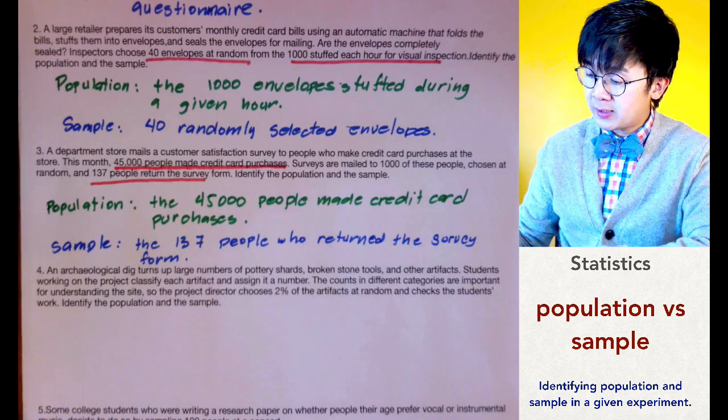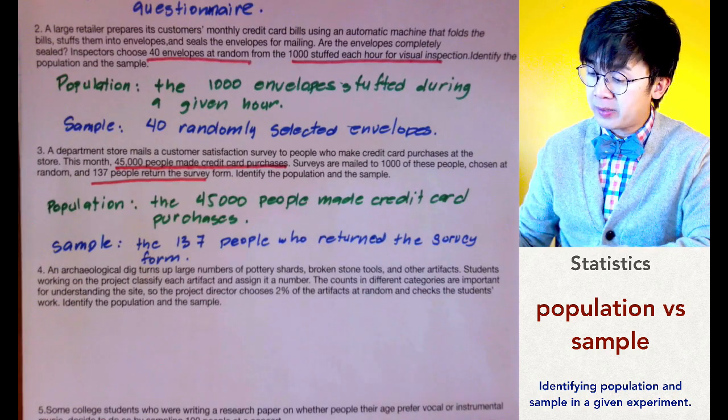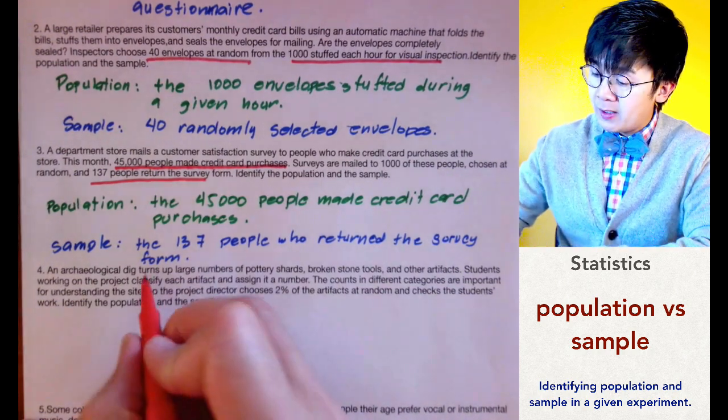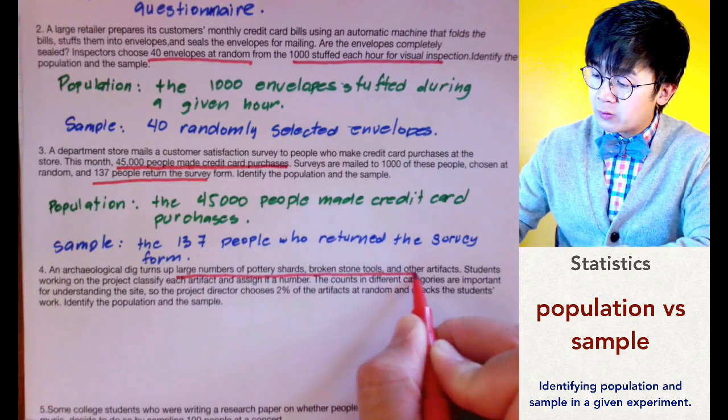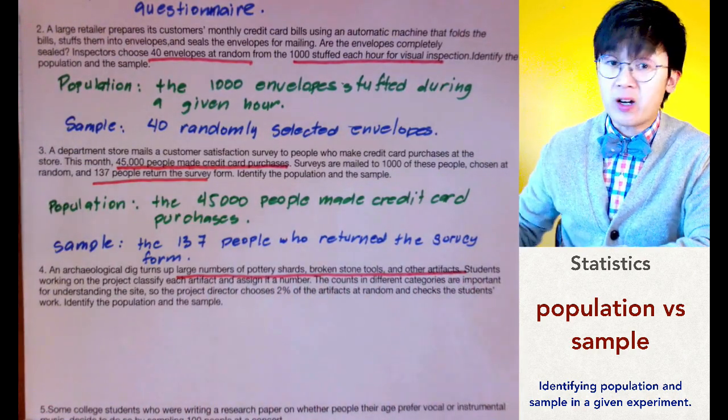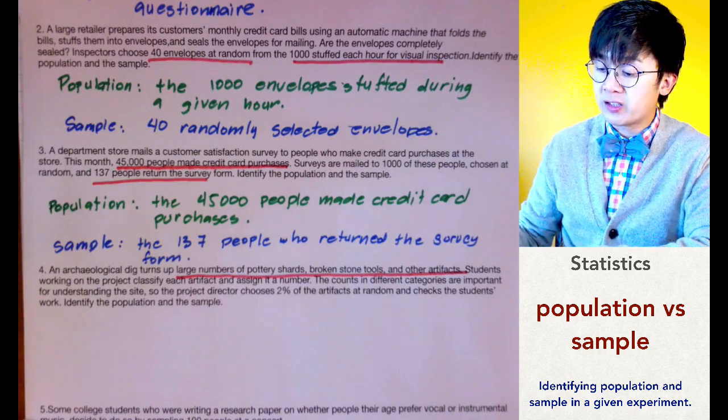So in this particular experiment, our population would be the large number of pottery shards, broken stone tools, and other artifacts in this archaeological dig.